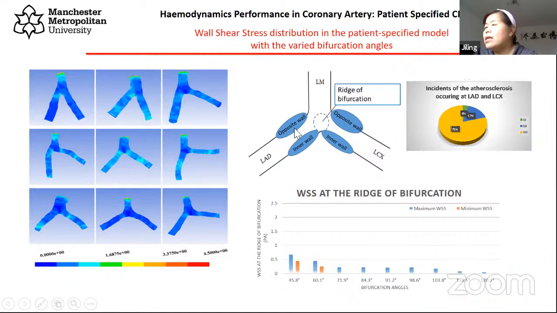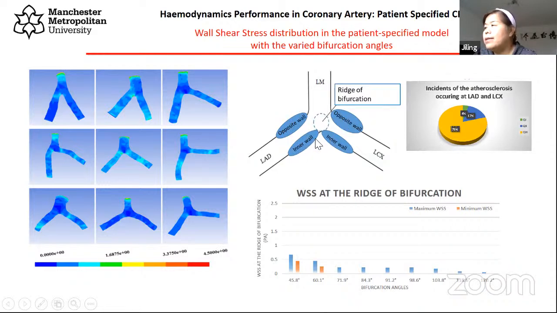So we especially observe particular areas here. One is the ridge of the bifurcation, another is the area close to this opposite wall, and the area close to the inner wall.